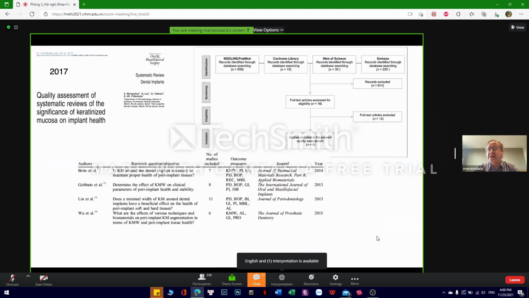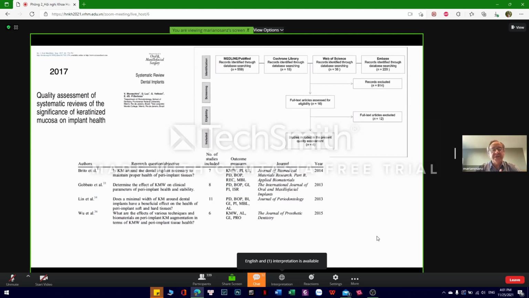For many years, there has been controversy on the relative importance of the keratinized mucosa around dental implants. Is it important to have a certain width of keratinized mucosa to maintain the health of the peri-implant tissues? You see, this is a publication, which is actually a systematic review of systematic reviews.